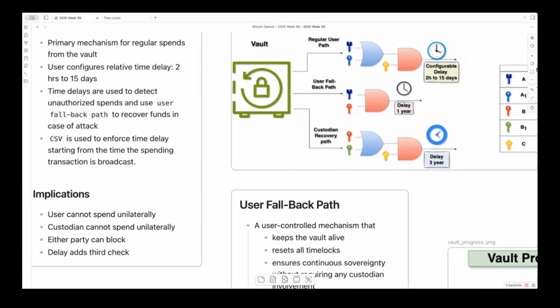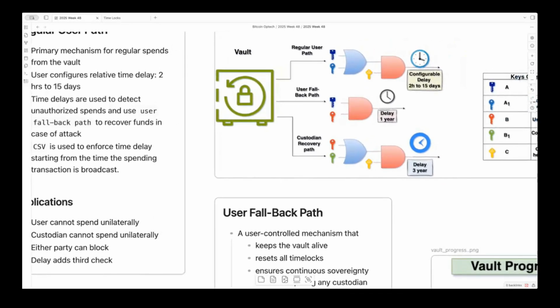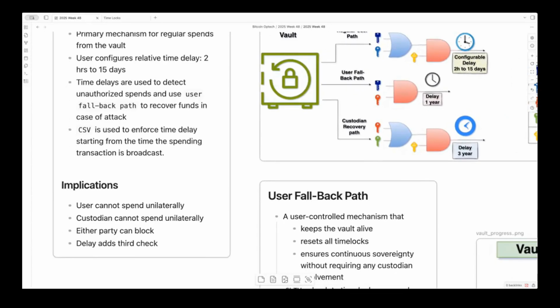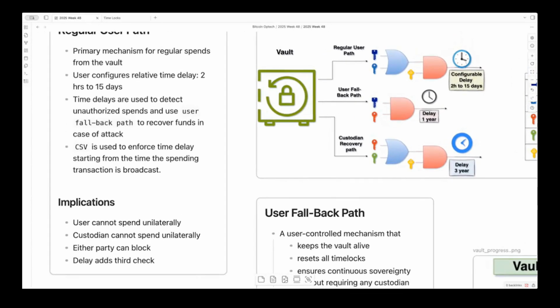That kind of condition is not addressed by this setup. So yeah, this is not a perfect vaulting setup. Given the assumptions that the custodian is not working with the attacker, it can help you protect your funds in some scenarios. So that's the regular user path spend.